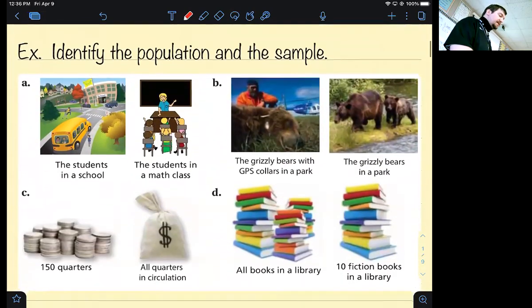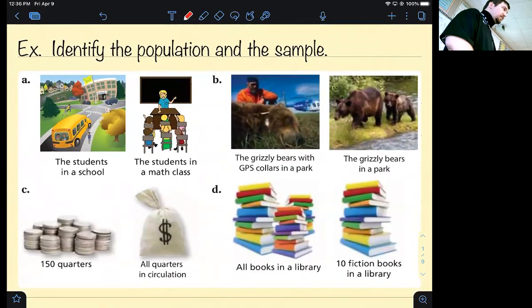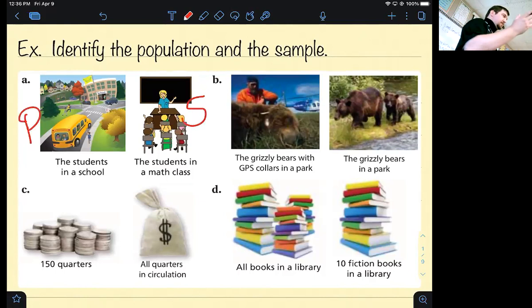So let's practice identifying populations and samples. We'll start back here with Brennan. Brennan, we have the students in a school and the students in a math class. Which of those is the population and which is the sample? There you go. We can just abbreviate P and S. Population is the students in the school. The sample is just one class of them.